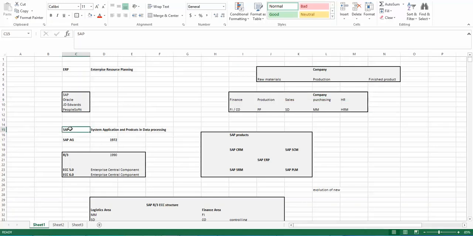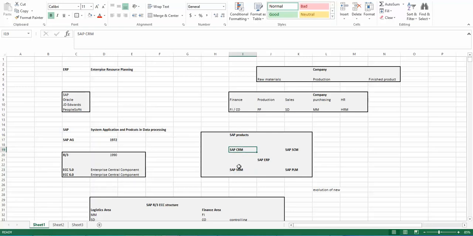So SAP is the name of the company which created SAP ERP, which is the most successful product of this company. They also have other products. As you can see, there are other products from SAP like SAP CRM, SAP SRM.